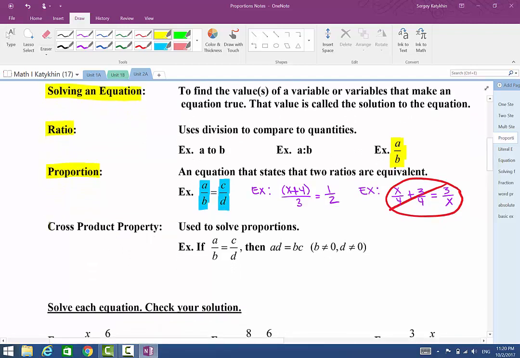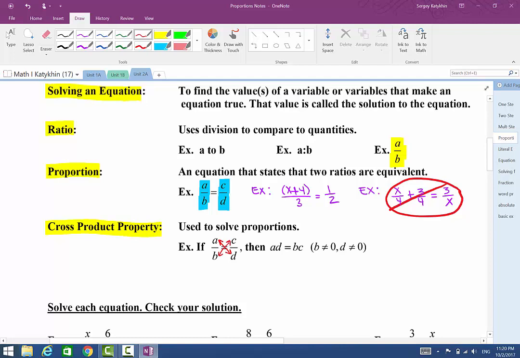Cross product property. This is something students always confuse. They want to multiply when we have two fractions multiplying. They want to use this cross product property. But again, the cross product property can only be used with proportions. That's a statement to say that when you have a fraction on the left side equaling a fraction on the right side, you can cross multiply.